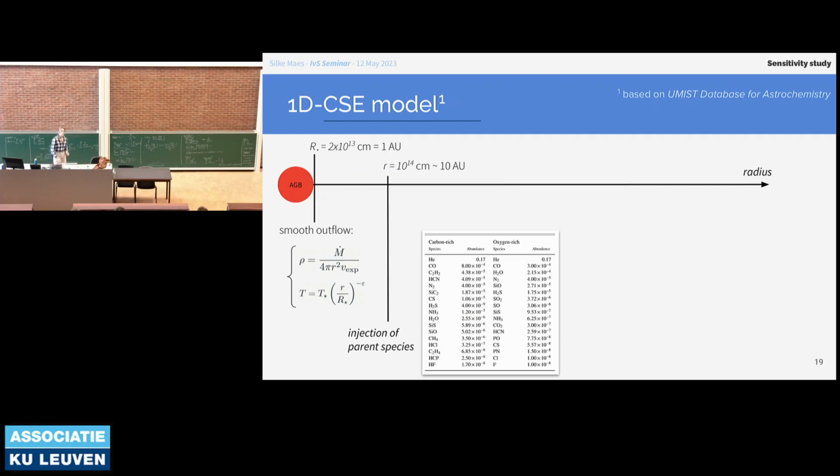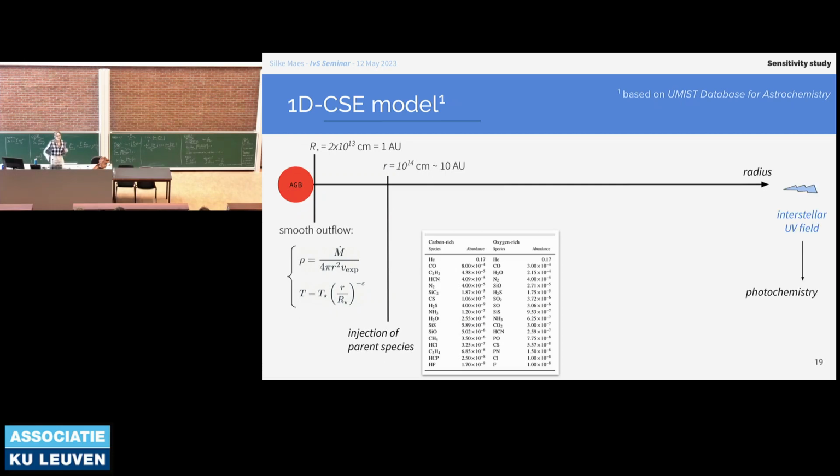And there we actually set some parent species. For about, you can see the list here, about 10 species, depending on the chemistry type, we set an initial abundance, and all the rest of the abundances are put to 0, and then we let the model do its thing. So we let the chemistry calculate. But now, how is this chemistry driven?